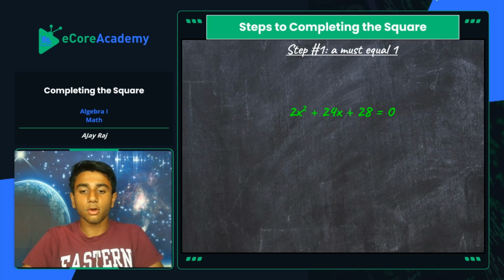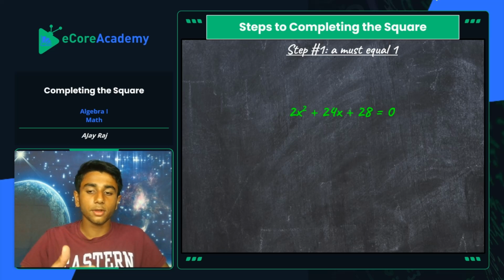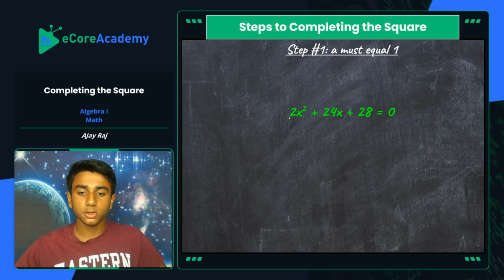So we're given this standard form equation here, 2x squared plus 24x plus 28 equals 0. In this quadratic function in standard form, the first step is that we always have to make sure that the a value of the equation, meaning whatever is being multiplied to x squared, must always equal 1. Since we have a 2 in place of a, we have to make that equal a 1.